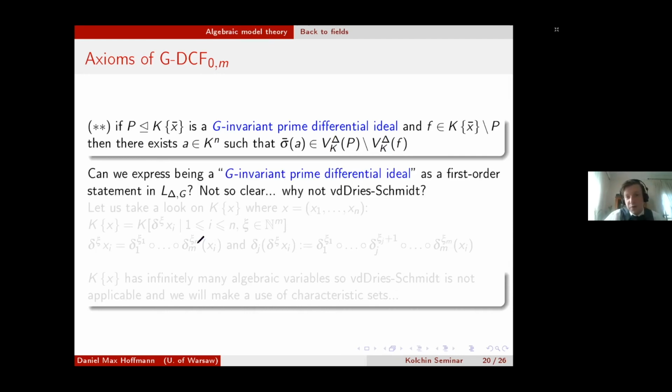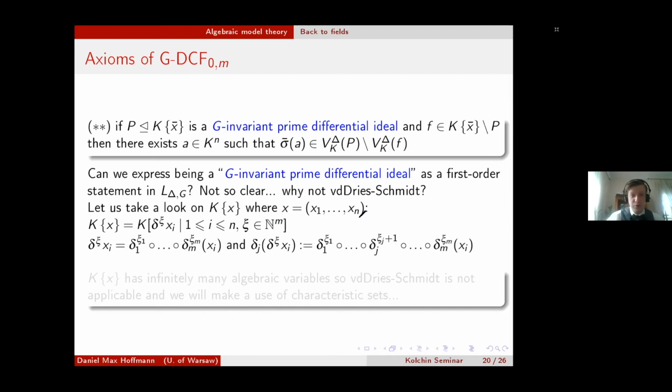So our first try would be, why not again Van den Dries and Schmidt, right? We cannot use it anymore, because if you look at this ring of formal differential polynomials, so you have K on X, and X is just a tuple X1 to Xn. Then you define K bracket X as just the formal derivatives of Xi.